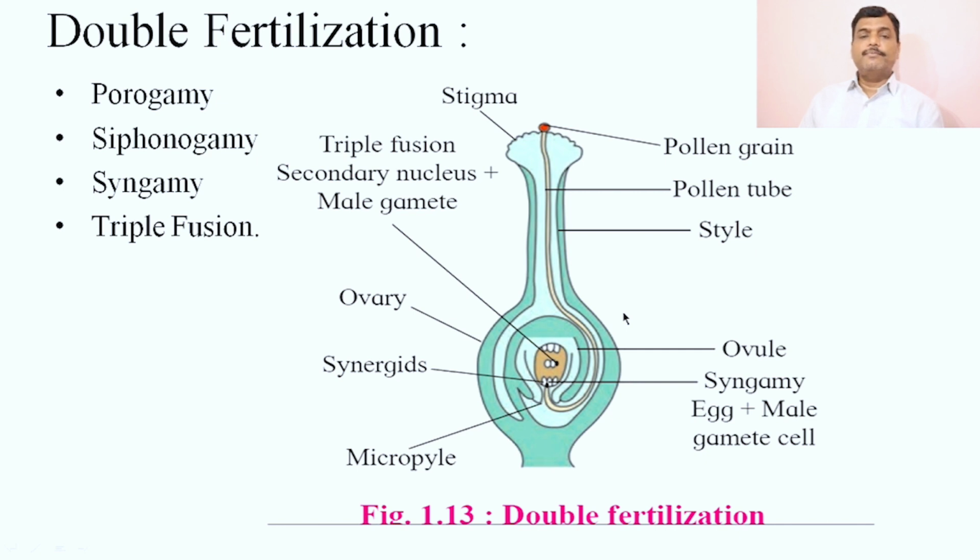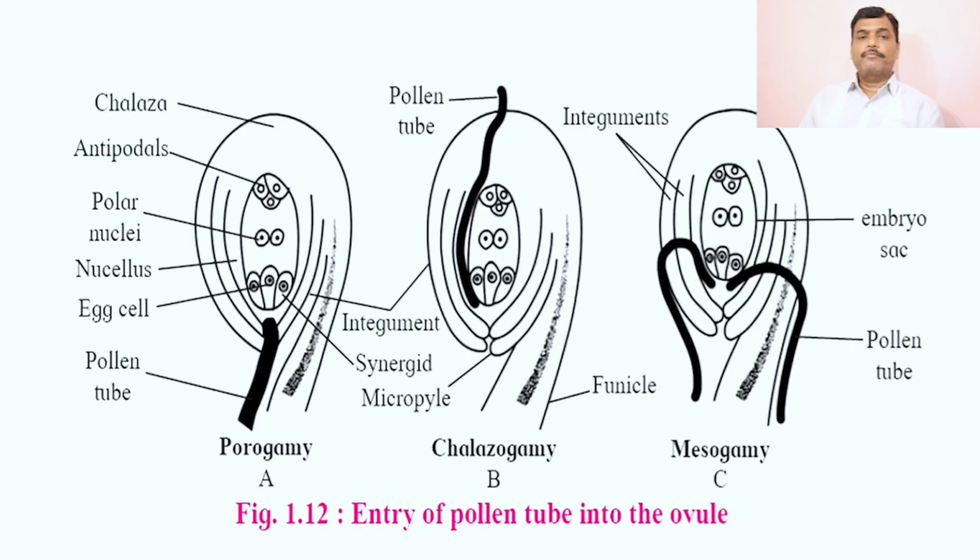We will see this process of double fertilization in animated form. Before that, we will see what is meant by porogamy, chalazogamy, and mesogamy. We have seen that during fertilization, the pollen tube has to enter the ovule.